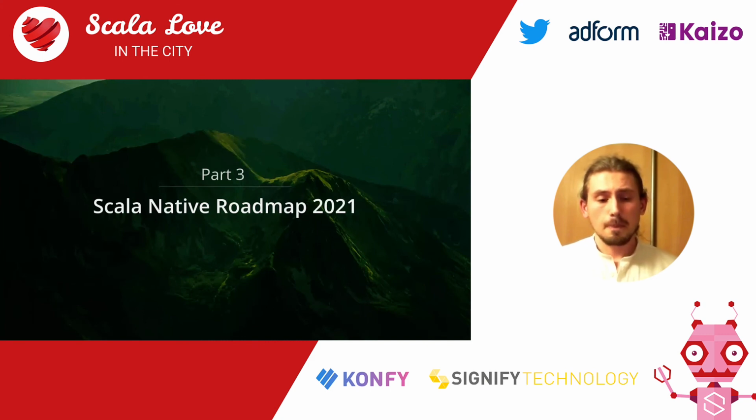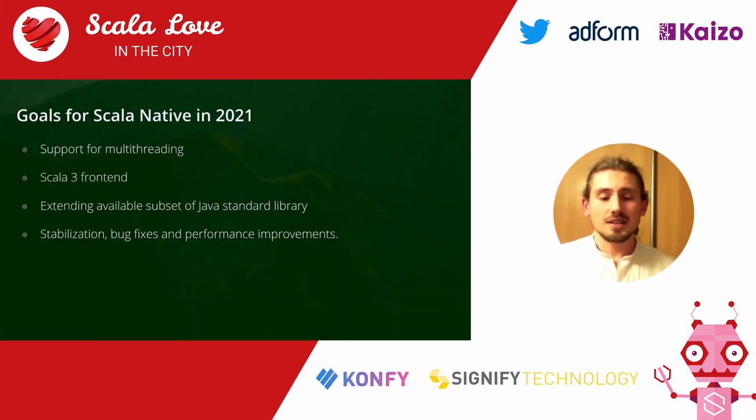I hope so. And basically, I'm running out of time, so I would like only to give you some hints. What are we going to do with Scala Native in 2021? Basically, we have two main goals. Support for multi-threading, which is still lacking, unfortunately.